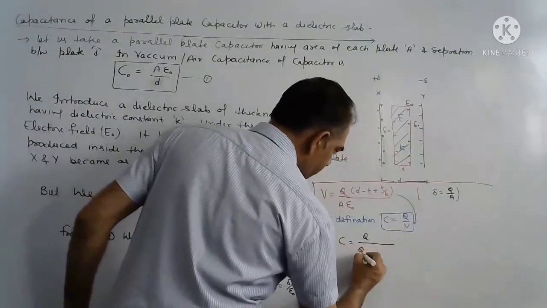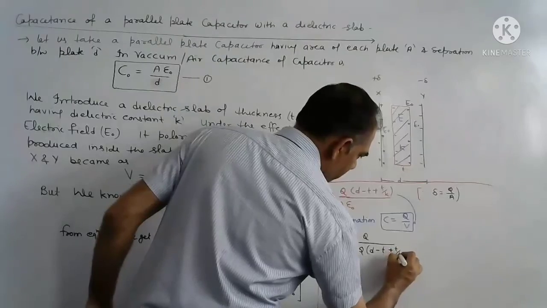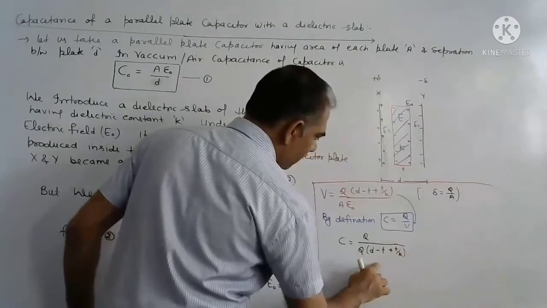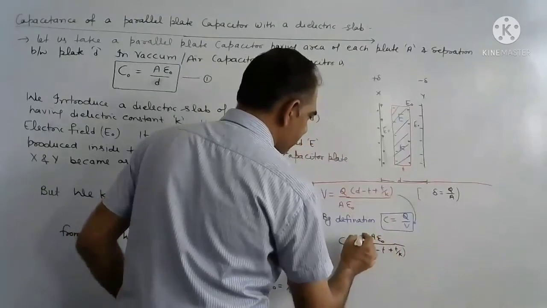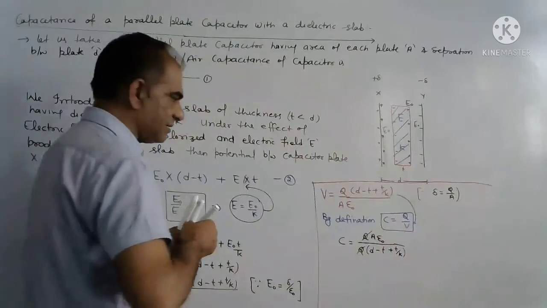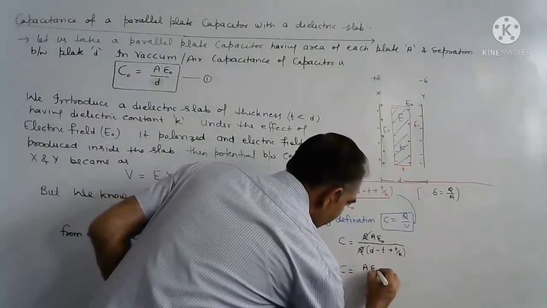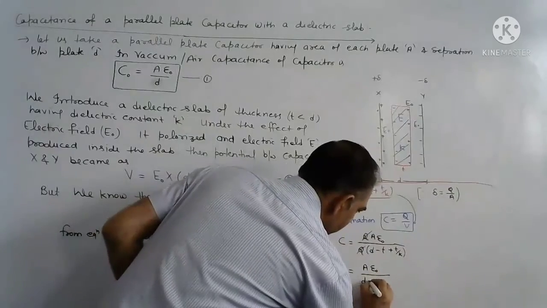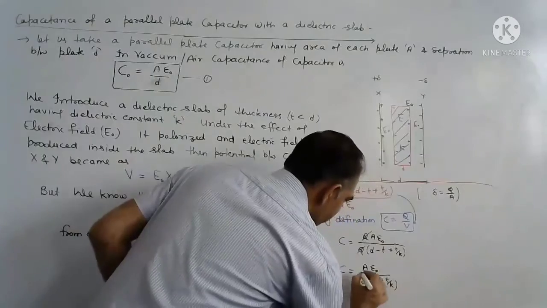Putting it here, epsilon naught goes to the upper side, Q cancels with Q, and finally the answer is C equal to A epsilon naught upon D minus T plus T upon K.